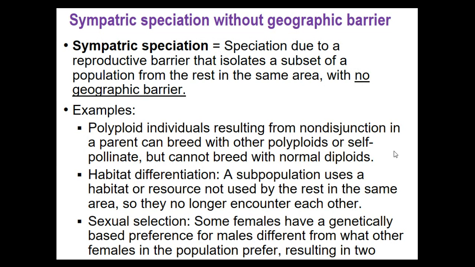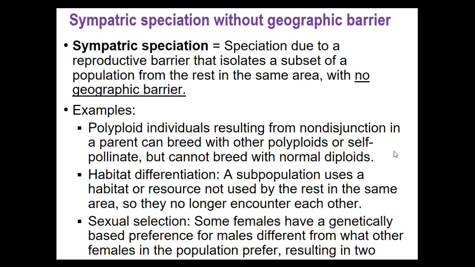Maybe it's cardinals. Cardinals are a common red bird here. There's a certain song that cardinals are supposed to sing. The males are supposed to sound a certain way to attract the females. What if there's a genetic mutation, and now some males who have that mutation have a completely different song, and most of the females don't like that.